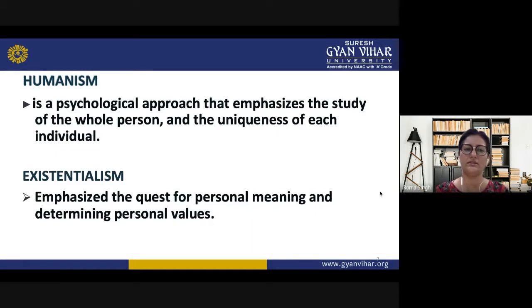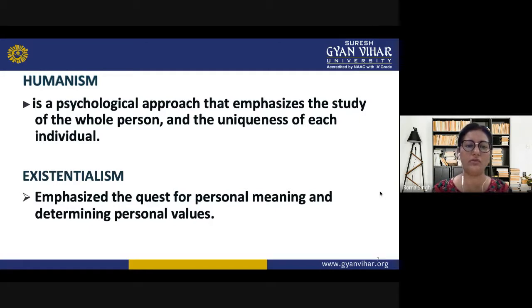It is a psychological approach that emphasizes the study of the whole person and the uniqueness of each individual. Every person is unique from another, and we cannot say that one person should be the same as another. Others may have different qualities in them.